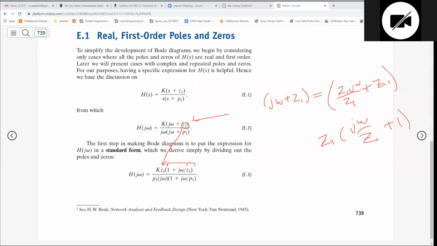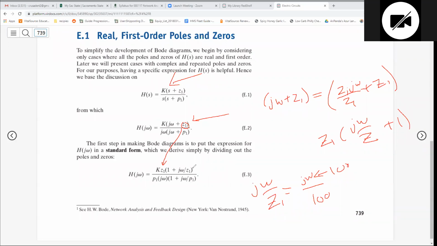And the reason why they do this is you always want to compare your frequency to your Z1, right? So let's say Z1 was 100 and I got a JW, right? Well, in this form, it's easy to note that when I want my zero to start working, I just have to plug in a W equals 100 right here, and the hundreds will cancel out, okay? So that's why they like this form. Up at the top right here, it could get a little convoluted, not so obvious what Z1s we need.